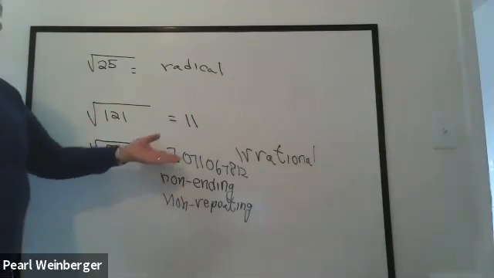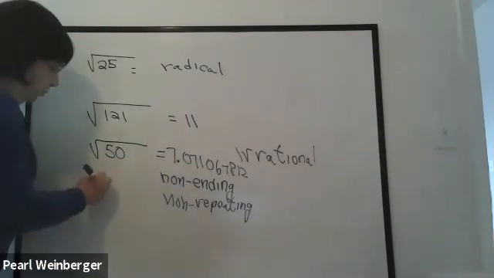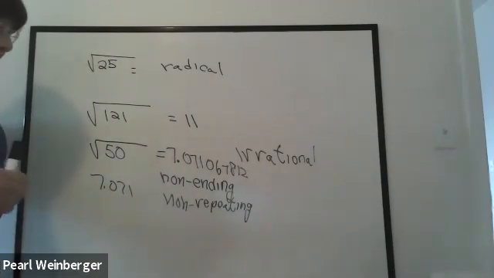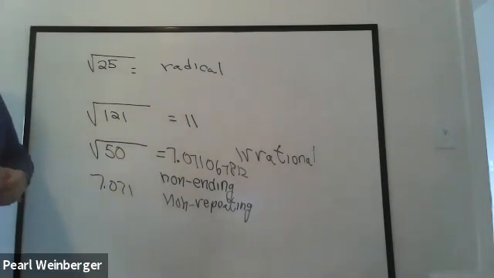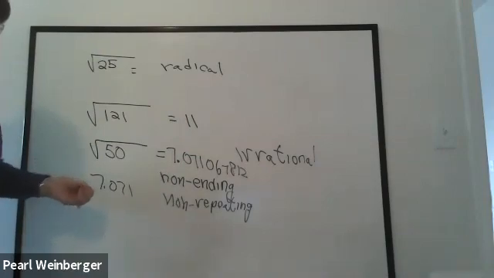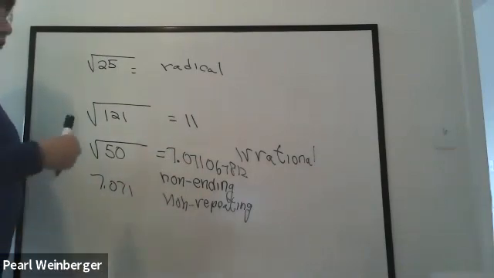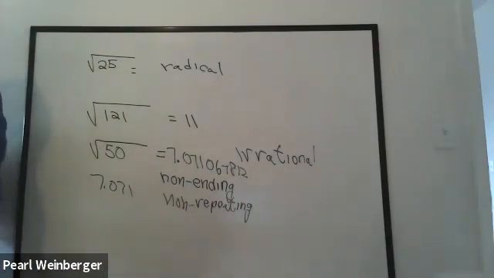I said, okay, this is close enough to 7.071. I rounded it off to 3 decimal places. It's not an exact answer, but if I had to measure something and it came up to this long number, my measurements are not so exact anyhow, so I won't care if it isn't exact, I round it off.